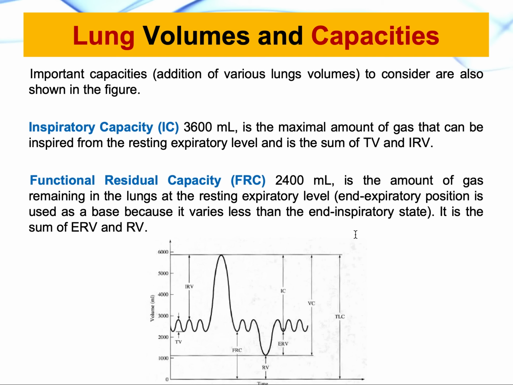And this end expiratory position is used as a base because it varies less than the end inspiratory level. So the end expiratory position is very important for us. At this point here, the end of the normal expiratory level, it is very steady and consistent during breathing.